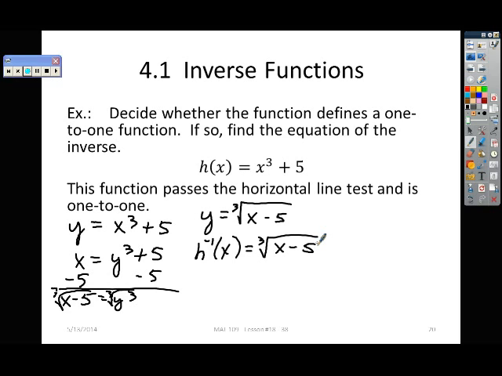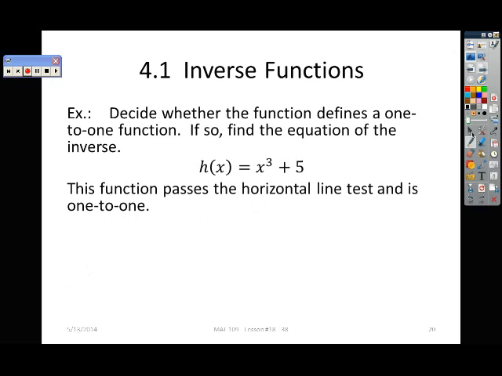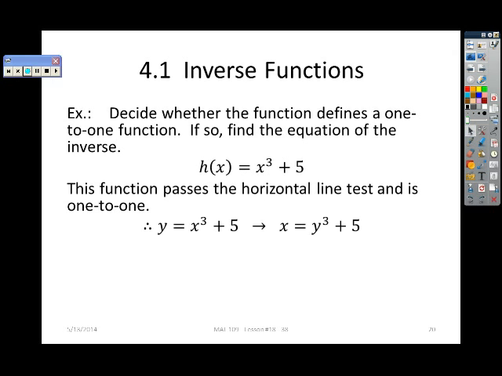Anytime the exponent and the index are the same, it just erases the radical. So that gives me x minus 5. X minus 5 plus 5 is x. That's the process. Not difficult.